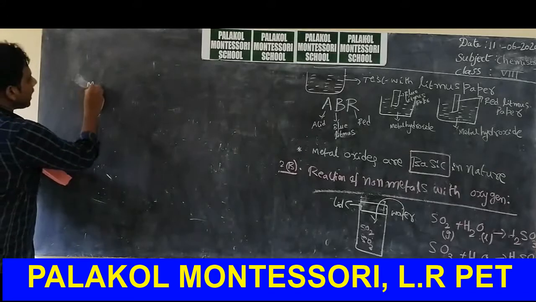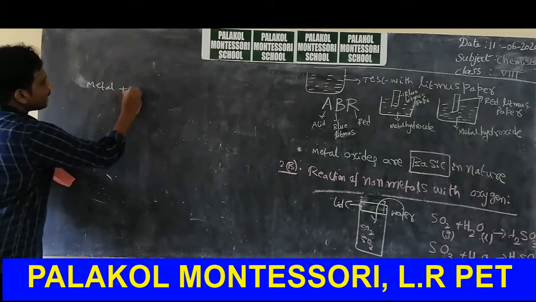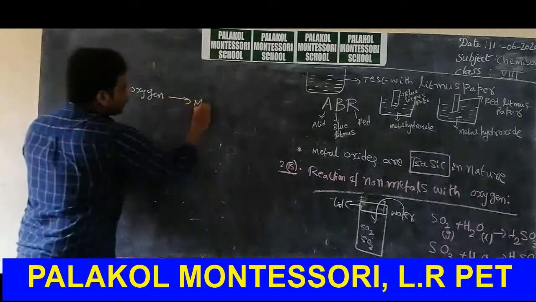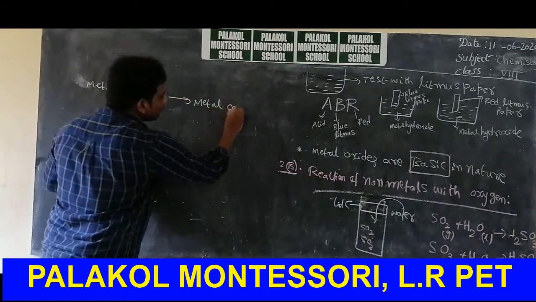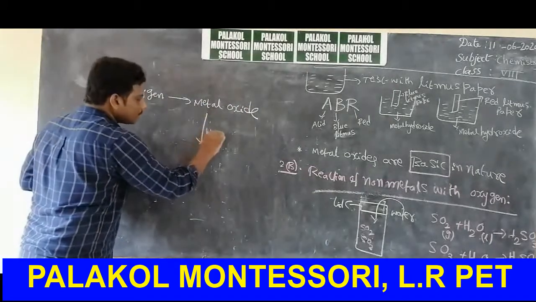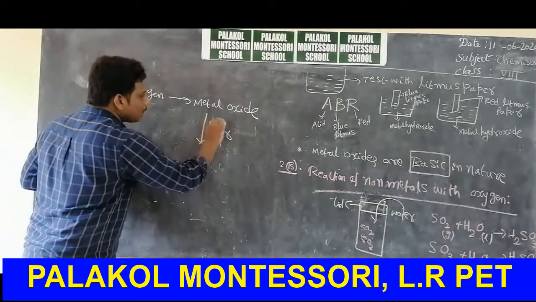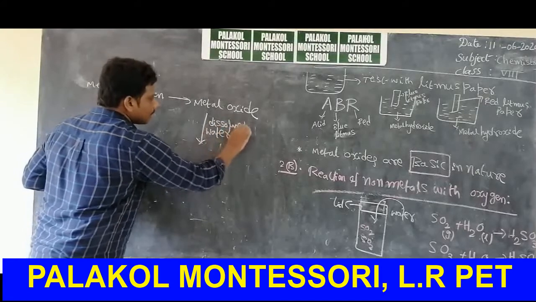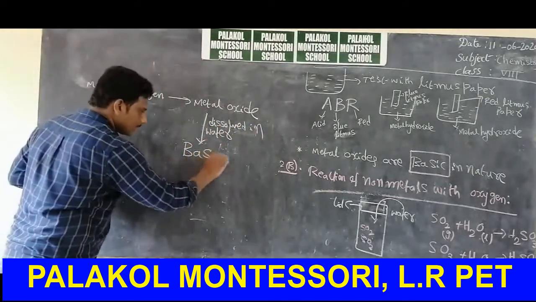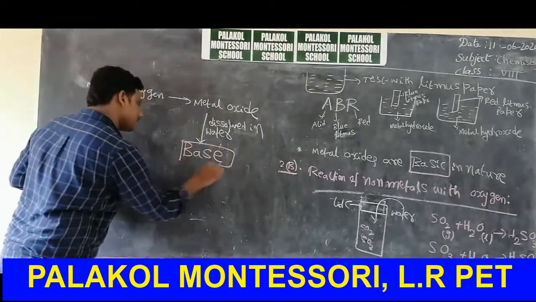When a metal reacts with oxygen, it forms metal oxide. When a metal oxide is dissolved in water, it produces base. It produces base.